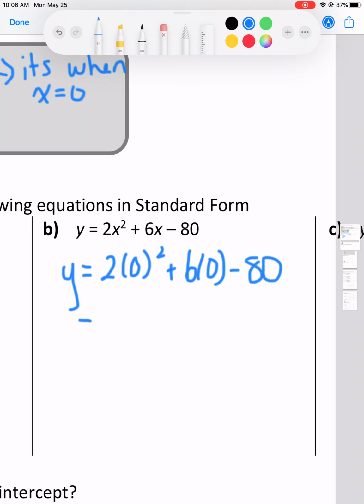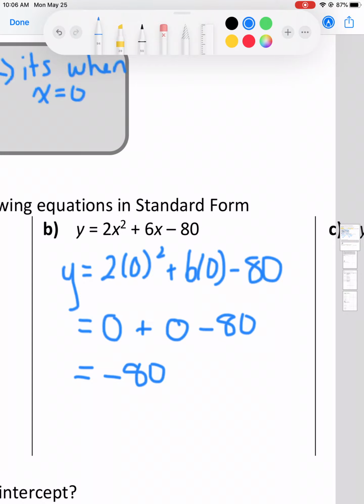Remember BEDMAS, we have to do exponents first. 0 squared is 0. 2 times 0 is 0. 6 times 0 is 0, minus 80. 0 plus 0 minus 80 is minus 80.